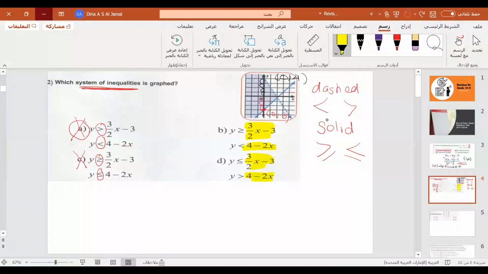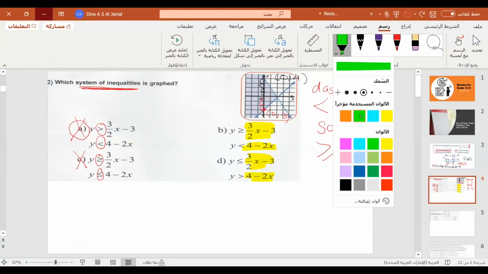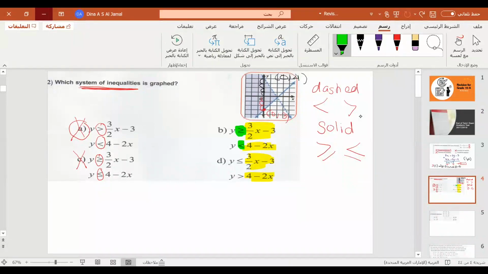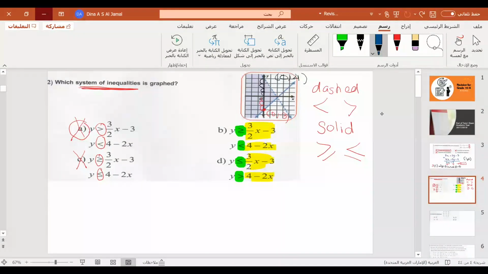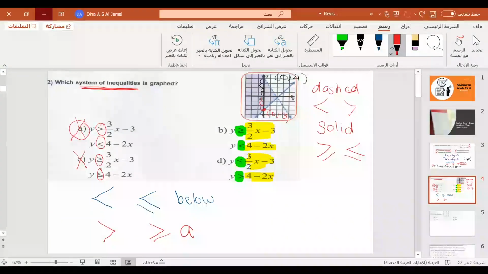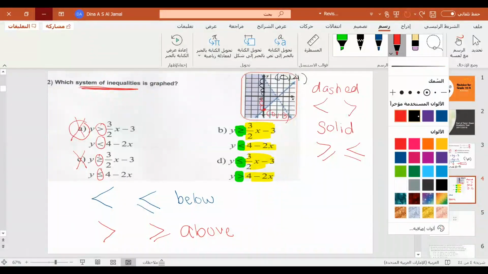That means you will be only focusing on the inequality and the way of shading. Let's see which one is right. We know that whenever I'm having less than or equal, I will be shading below. Bigger than or equal, above. And you can see my previous videos; I have given many examples about this topic.